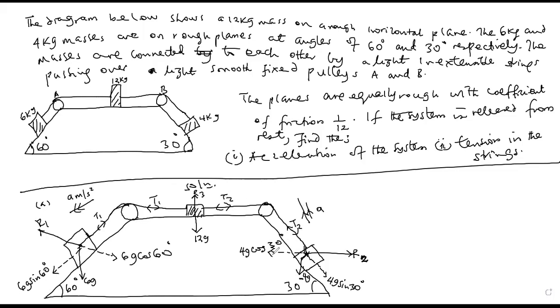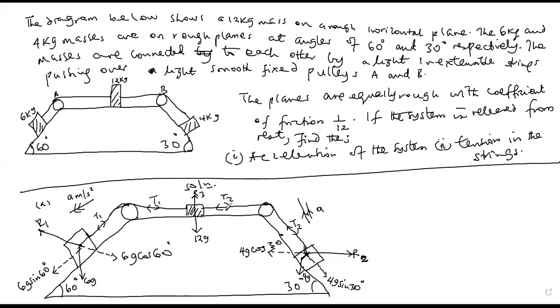Now, we need to also know that the system is on the rough table. They're saying that the 12 kilogram mass is on the rough horizontal plane.